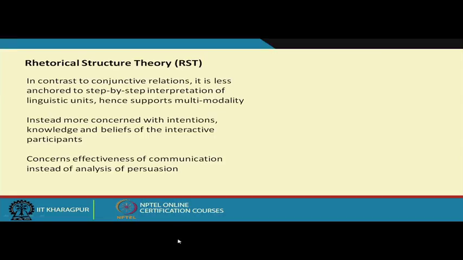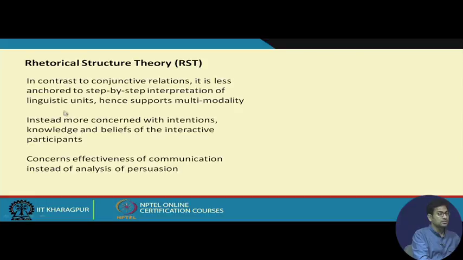Now, let us go to the next aspect, which is the rhetorical structure theory. What it talks about in short is, in contrast to conjunctive relations which we talked about, it is less anchored to step by step interpretation of linguistic units and hence supports multimodality. In conjunctive multimodal analysis, we saw that we go step by step with the linguistic units.